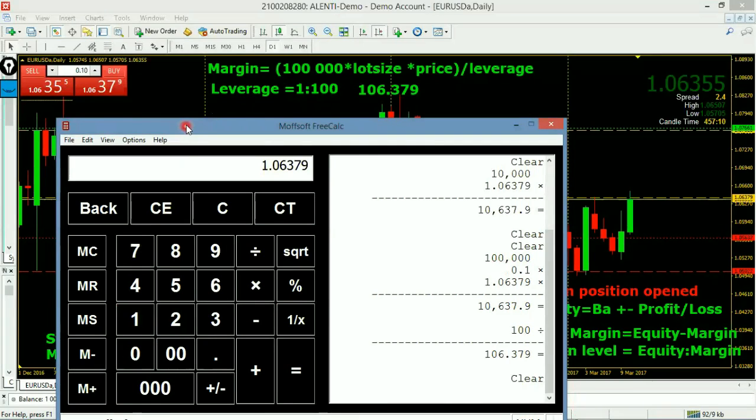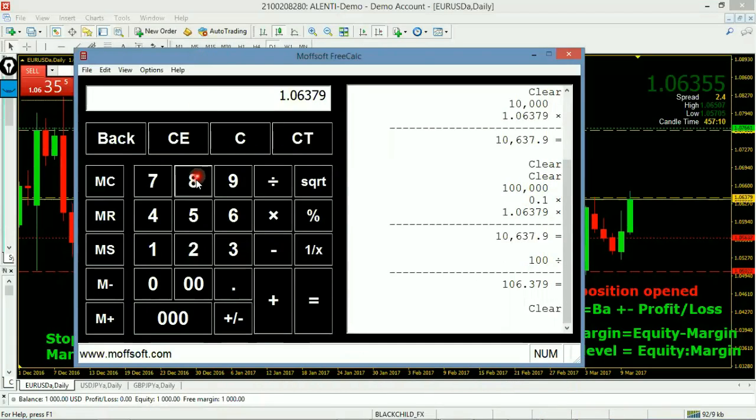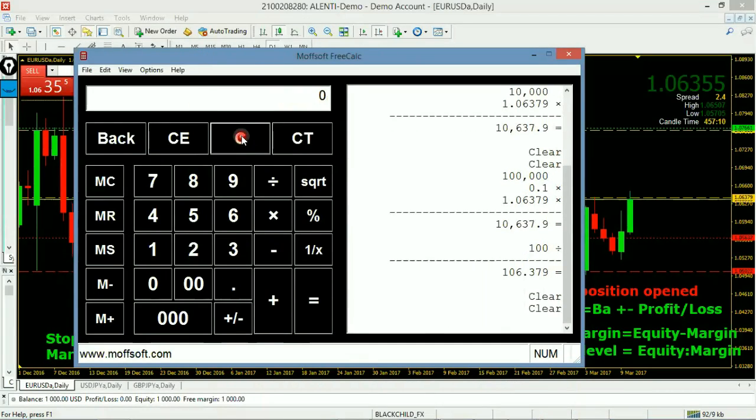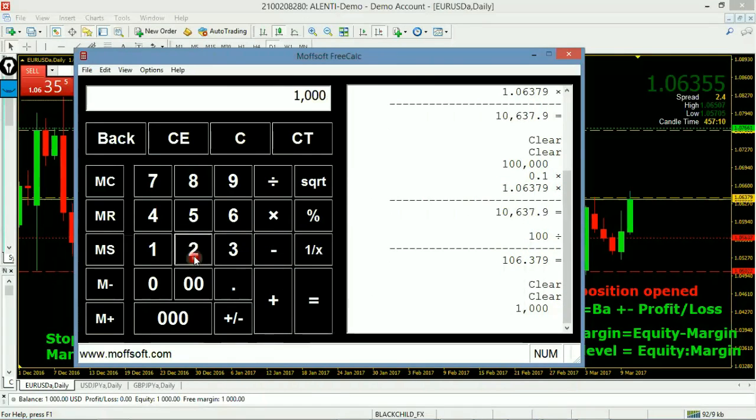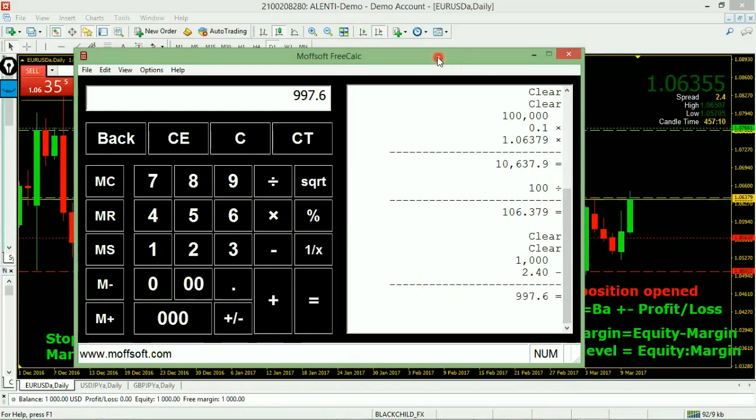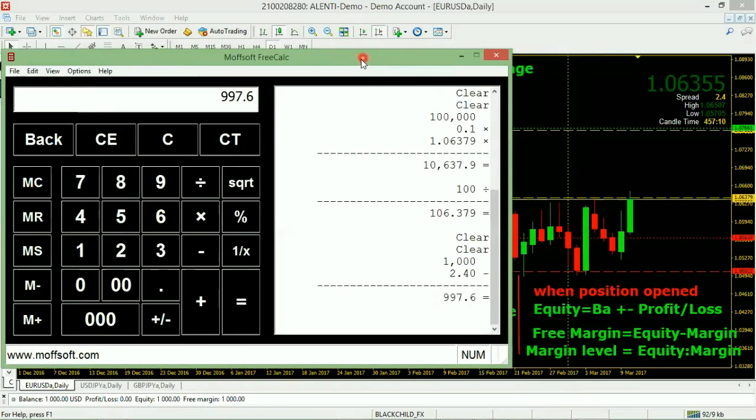So when our transaction initially opens, we'll have our equity being 1,000 minus $2.40, which is the spread which you calculated. So initially when we open our transaction, our equity will be $997.60. That will be our equity initially.